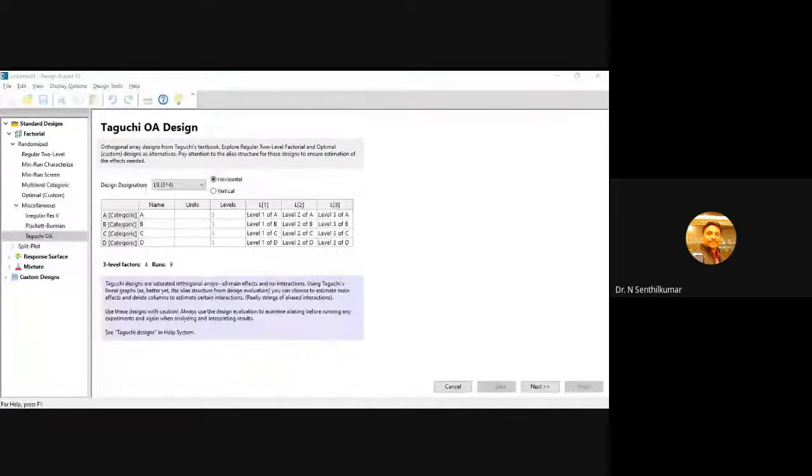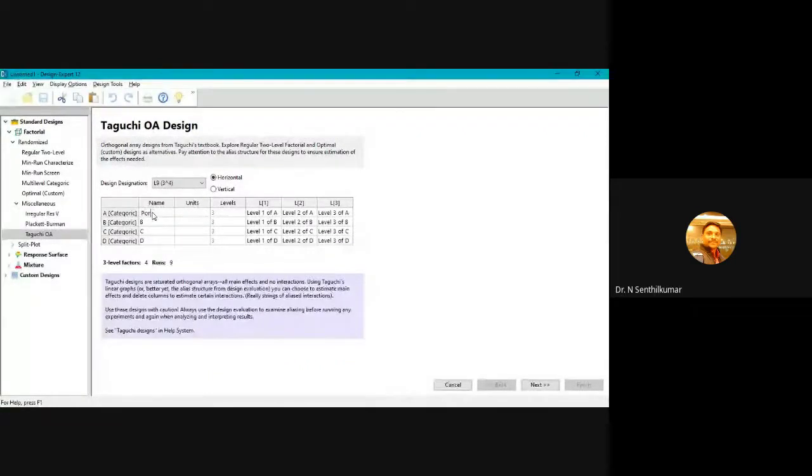So the first one that I am going to enter is feed temperature, the second one is vacuum pressure, and the third one is feed concentration. As I am not interested in the 4th category, I am just going to leave that. Now what are the levels?